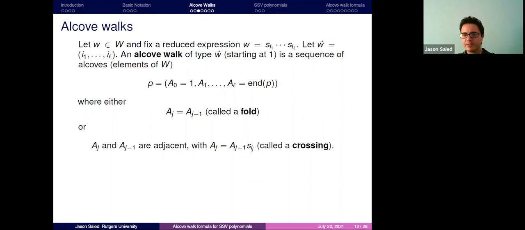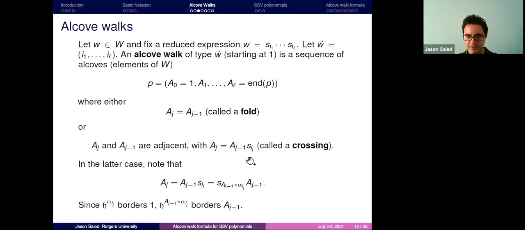If you haven't thought about this before, it might not be clear why this condition means that they are adjacent to one another. So let me write that out a little more clearly. The point is that if you have A_{j-1} multiplied by S_{ij}, you can commute that to the left. So we're reflecting in the hyperplane where A_{j-1} sends alpha_{ij}.